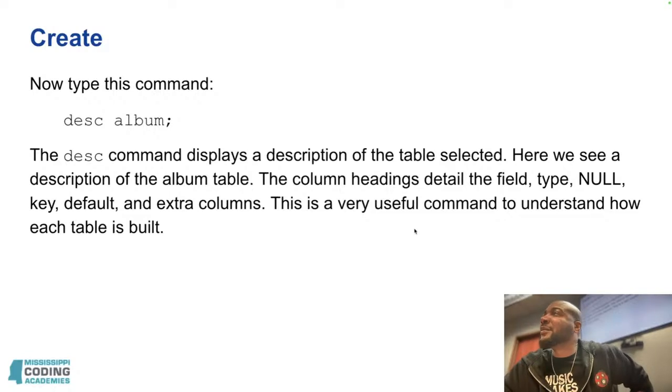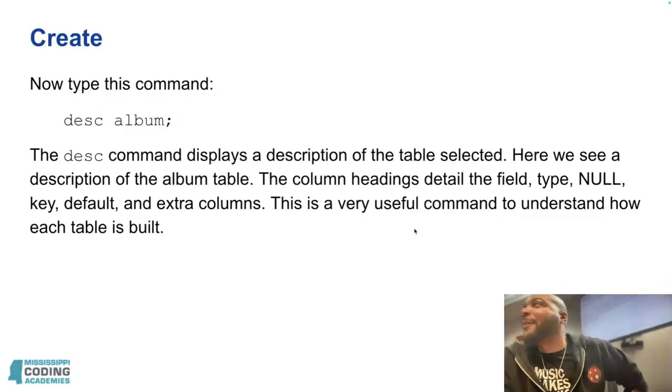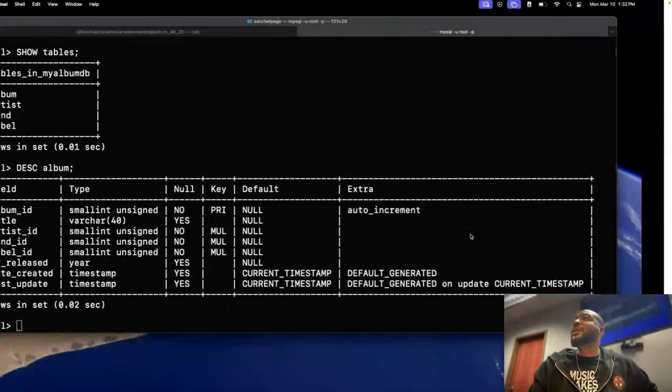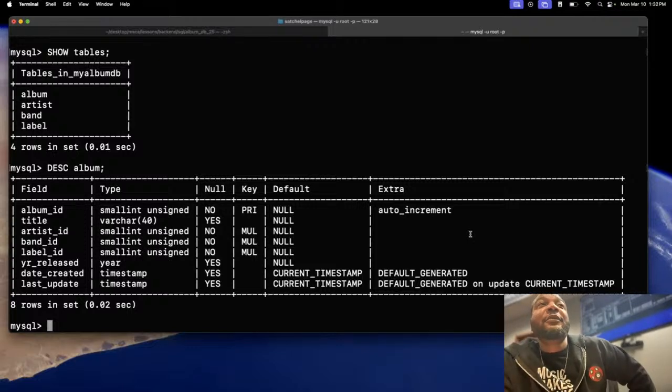The DESC command, or describe, displays a description of the table selected. Here we see a description of the album table. If we look at it, the column headings detail the field, type, null, key, default, and extra columns. This is very useful information to understand how each table is built. So when we look at this, we see each one of the fields that we created for album: album ID, title, artist ID, so on and so forth.